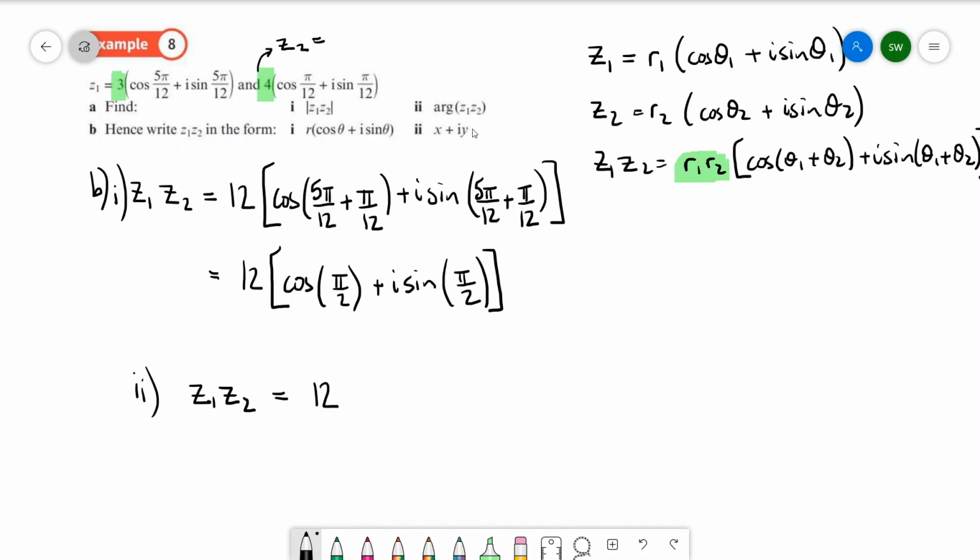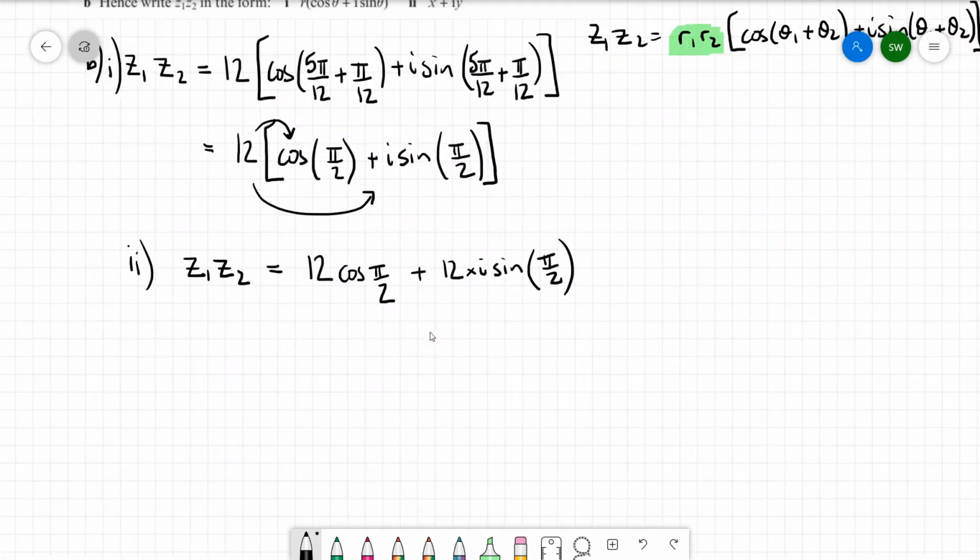So you could just say that's 12 cos of pi over 2, just do that times that, and then do that times that, so plus 12 times i sine of pi over 2, and you can see that we've got it in that form, real part plus i times by the imaginary part.